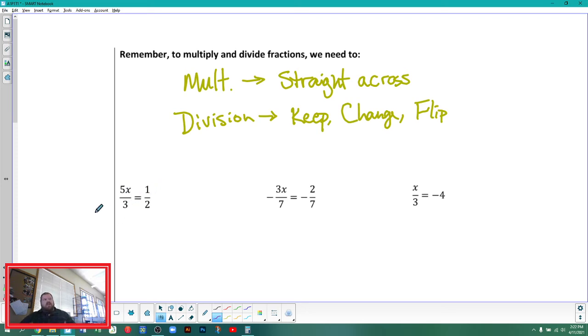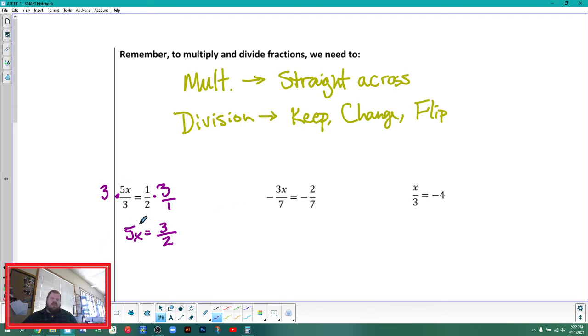And I want to undo what's happening to x sort of backwards. If I knew what x was, I would multiply it by 5, and then I would take that answer and divide it by 3. So I'm going to undo the 3 first by multiplying by 3. And that's like multiplying by 3 over 1 gives me 5x equals 1 times 3 and 2 times 1, so 3 over 2.